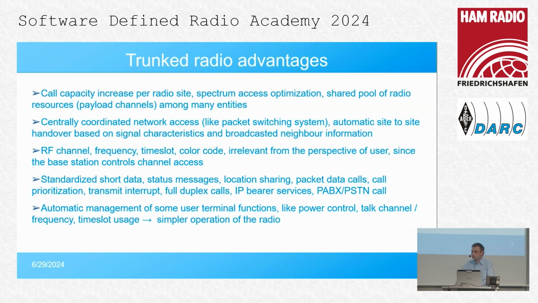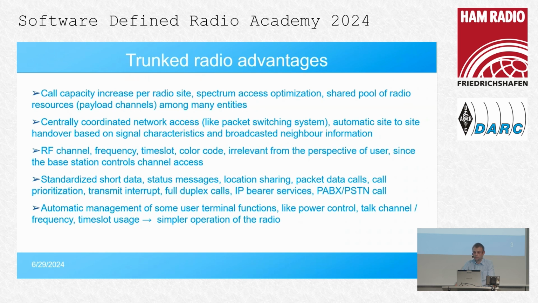Also, in addition to Tier II, which you're probably already familiar with, it also standardizes short data messages and status messages, which in Tier II were not really that well standardized. And it also has additional things like location sharing, packet data calls, call prioritization, transmit interrupt of ongoing voice calls, and full duplex calls, which basically work like a mobile phone call.